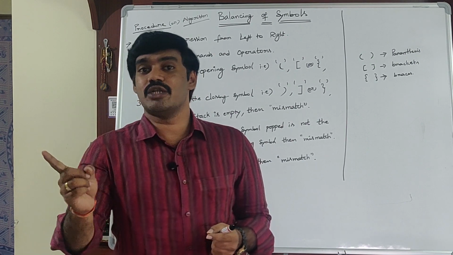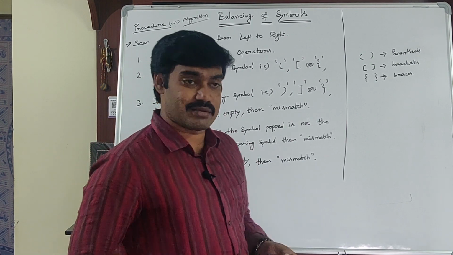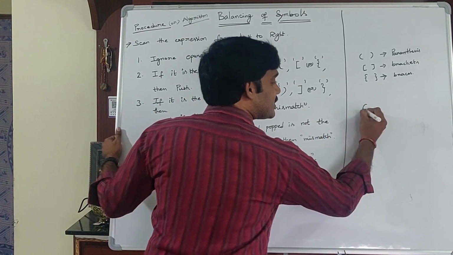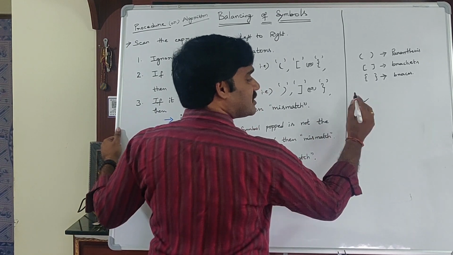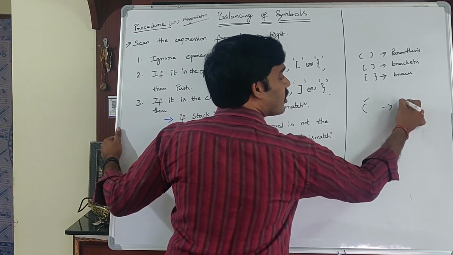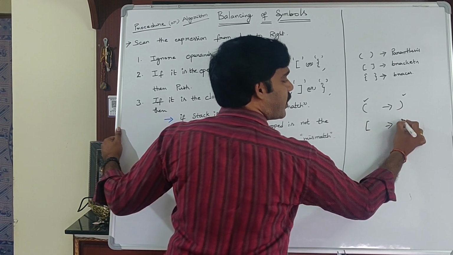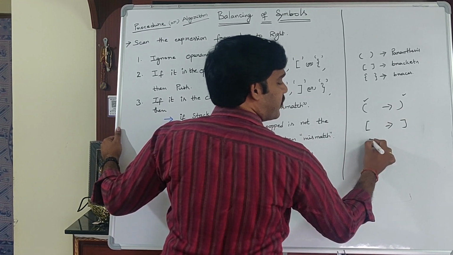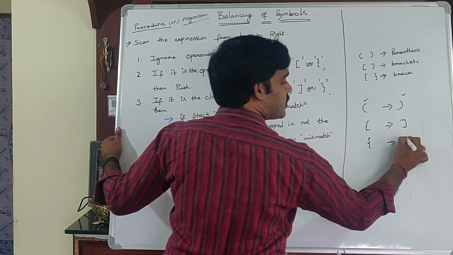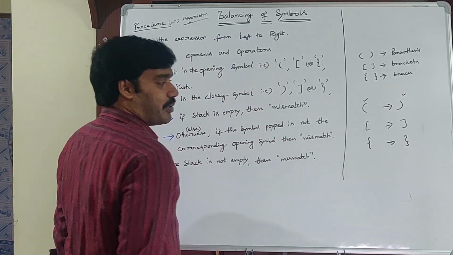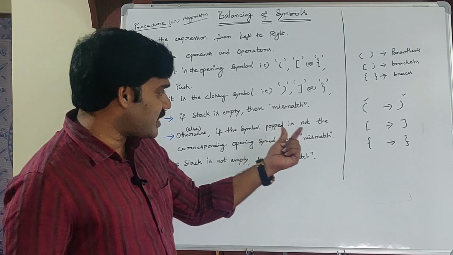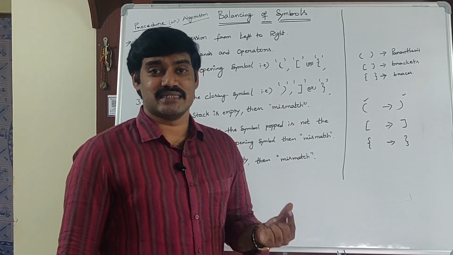Every opening symbol should have the corresponding closing symbol. If it is the left parenthesis, it should have the corresponding closing symbol. If it is the left bracket, it should have the corresponding right bracket. If it is the left brace, it should have the corresponding closing brace. These are nothing but balancing of symbols.